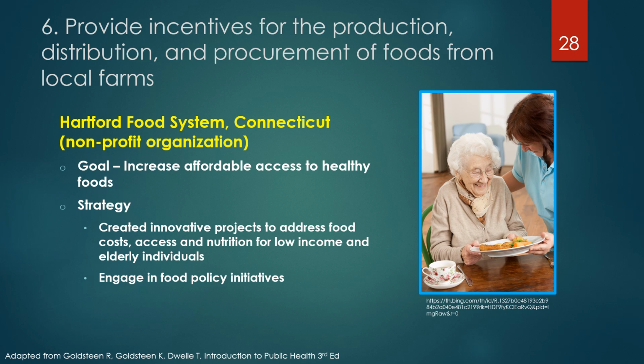In addition to developing innovative projects and initiatives that tackle food cost, access, and nutrition, the organization actively engages in food policy initiatives aimed at increasing production, distribution, and procurement of foods from local farms.